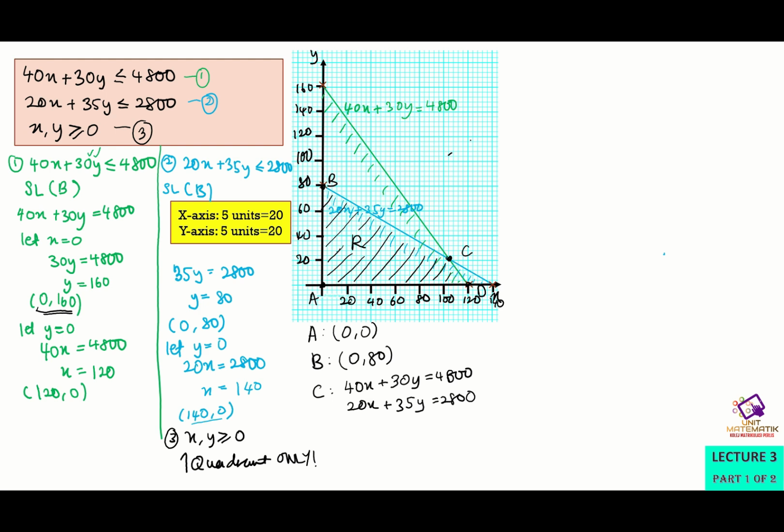Okay, and then you should do by yourself, and you will get the point is 105.20. Okay, and the last corner point is D, 120, 0.